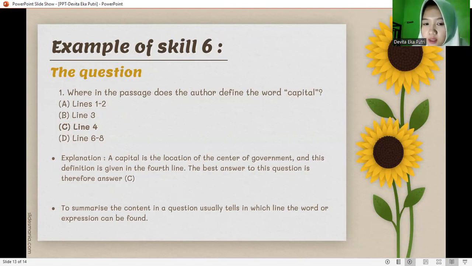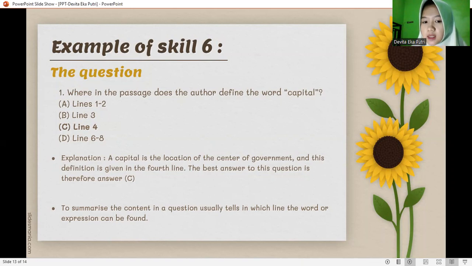Where in the passage does the author define the word capital? A, lines 1, 2. B, line 3. C, line 4. D, line 6, 8.